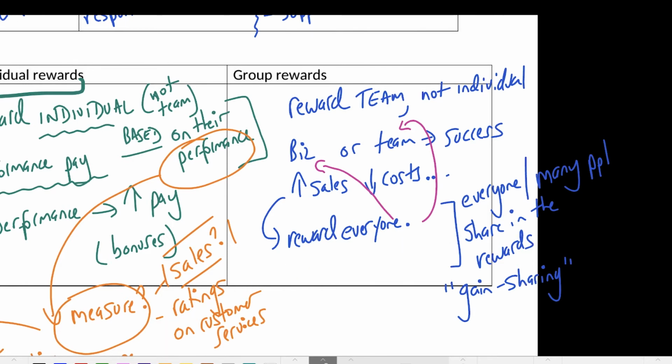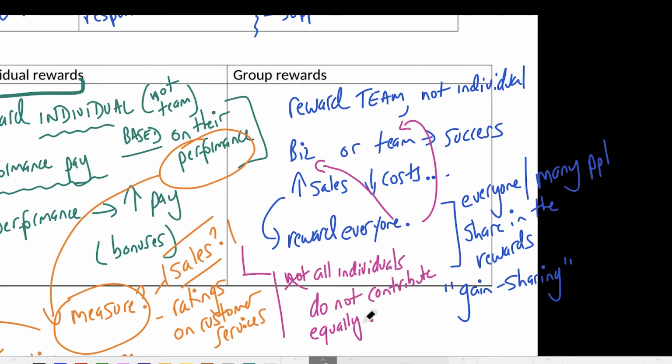The issue that we can experience with this, which you may have experienced with group assignments, is that all individuals don't contribute equally. Some work harder than others, and they might get frustrated because everyone or many people are getting the rewards even though they didn't work harder. So we can get a sense of jealousy. Maybe jealousy is not the best word.